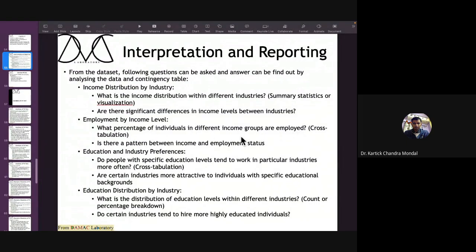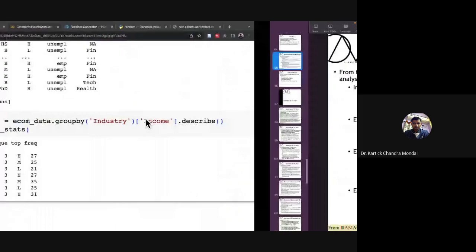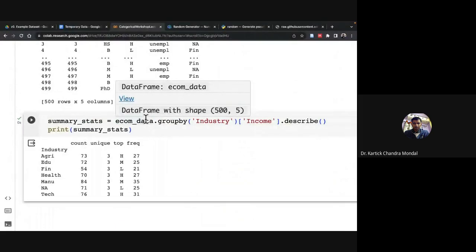The cross tabulation or contingency table will be better here between the employment and the income level. So let's create this for the second answer. Okay, we'll come to the visualization later. So answer 2.